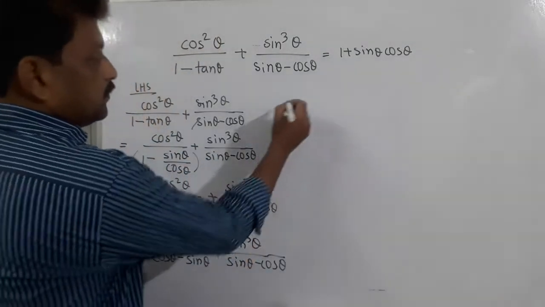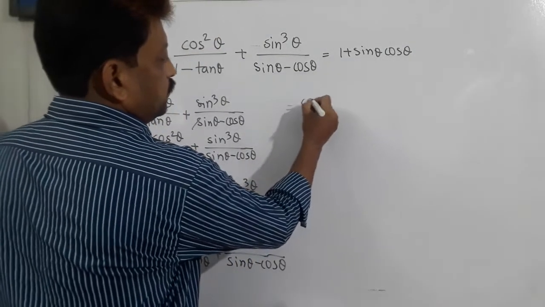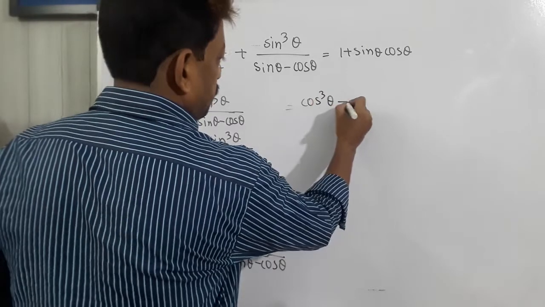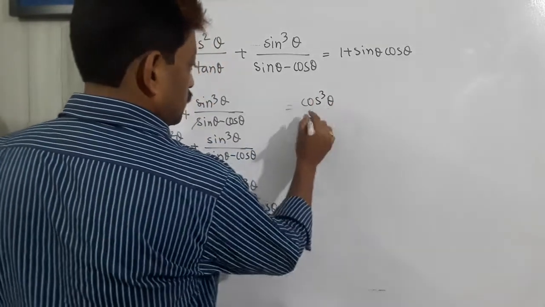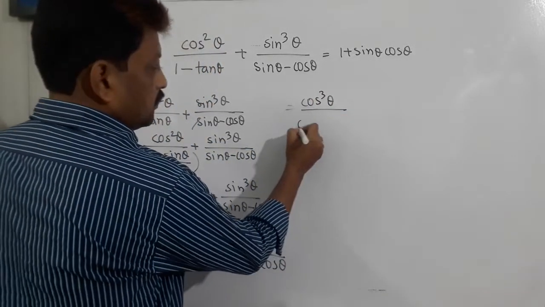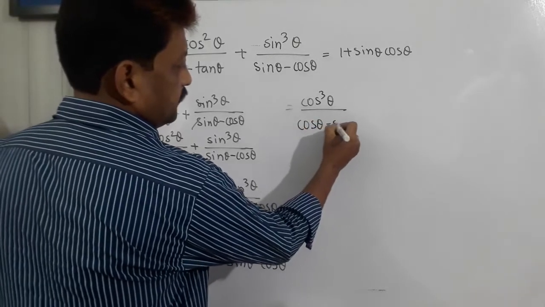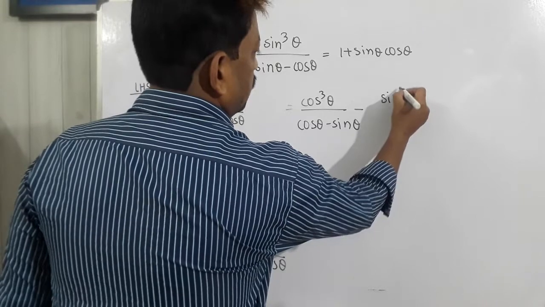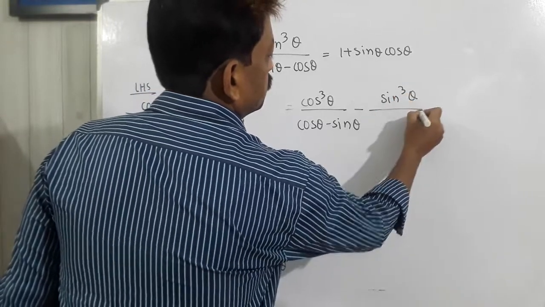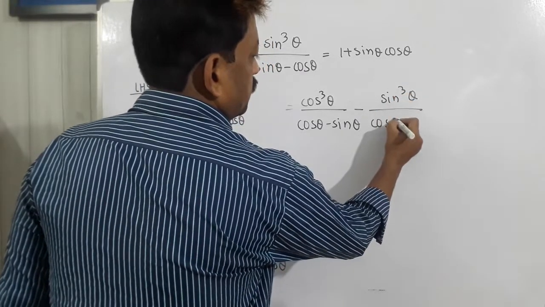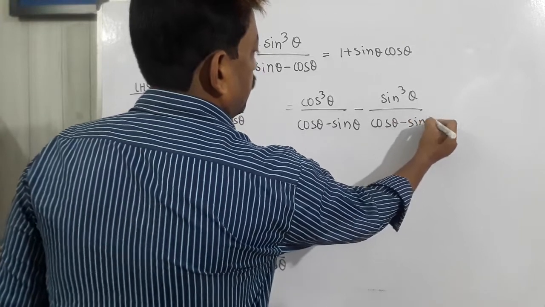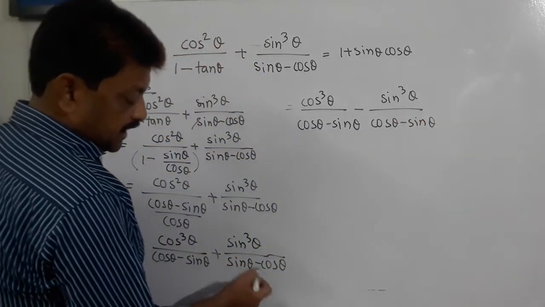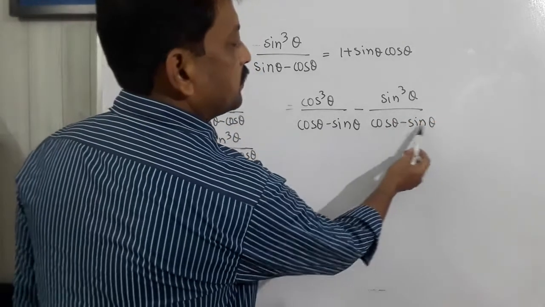So it will become cos cube theta upon cos theta minus sin theta, minus sin cube theta divided by cos theta minus sin theta.